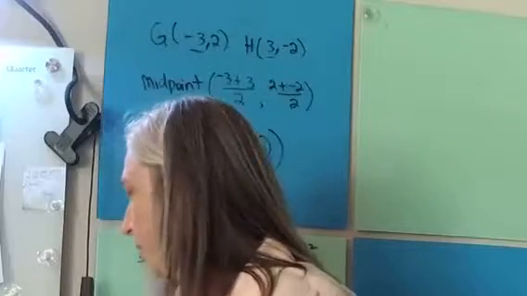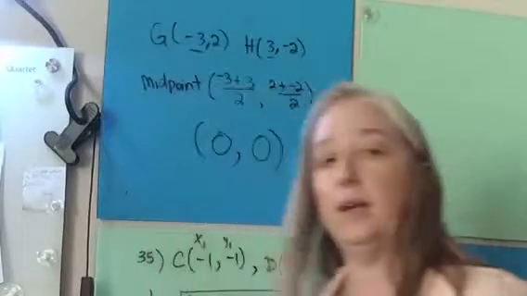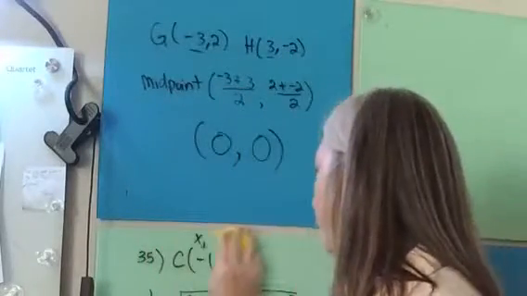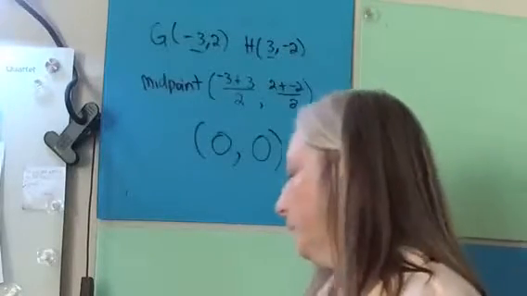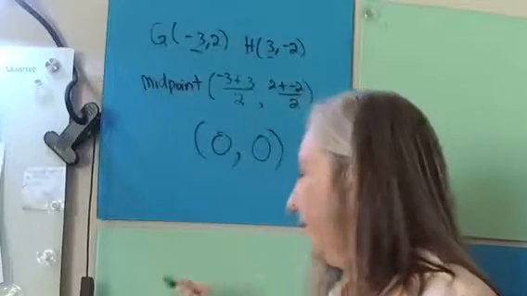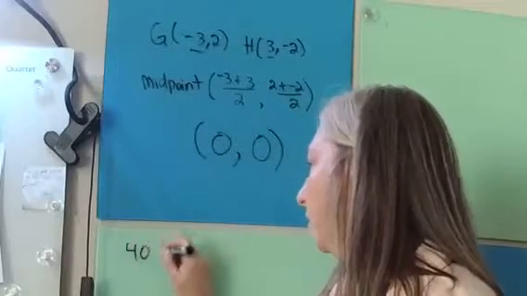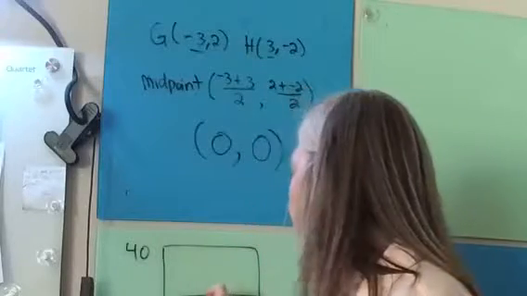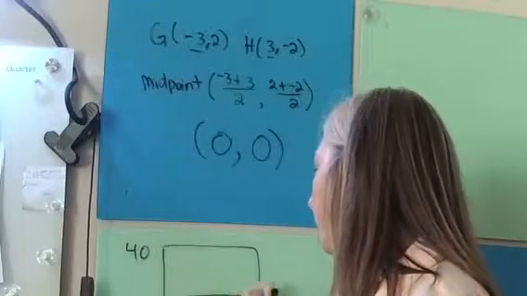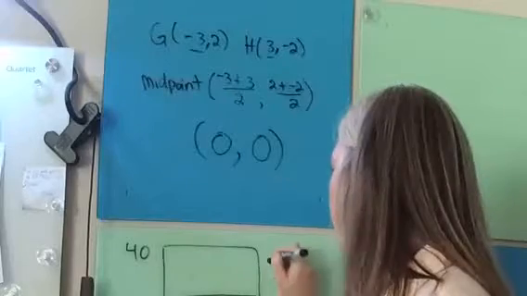Okay, number 40 was a problem where we needed to find the area and the perimeter. In number 40, we had a rectangle that was 13 feet in length, or in the base, and 6 feet for the height.